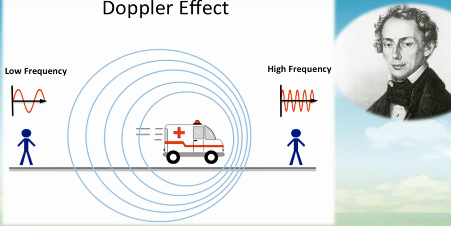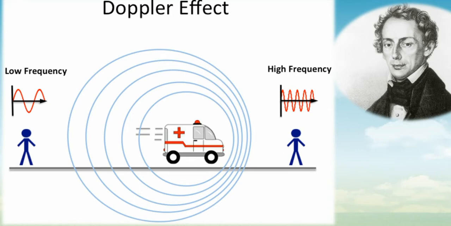And when the object, the train, moves away from that observer, then the measured frequency will be a lower one. So this is what he observed. That's why this is called the Doppler effect. And he explained this phenomenon using wave concepts.